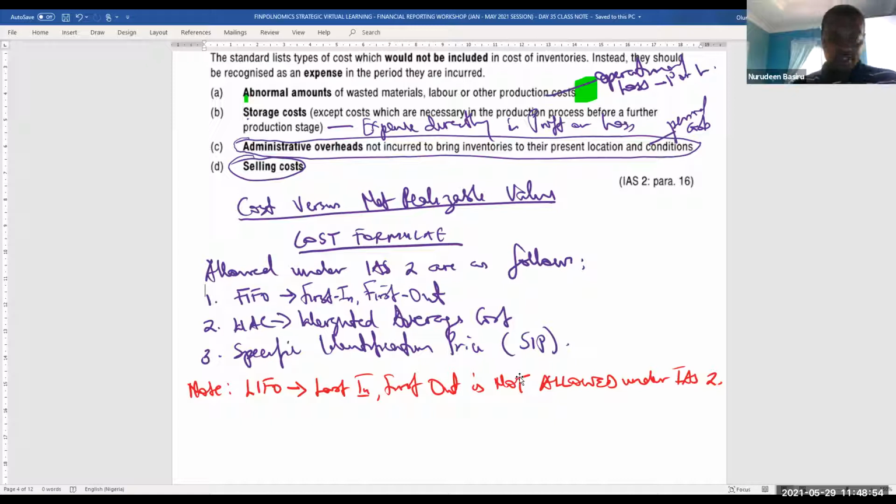I believe first in, first out implies that the products that come to the organization or that were produced first should also be sold first before the latest products. That is my simple understanding of first in, first out. Okay. Who else?